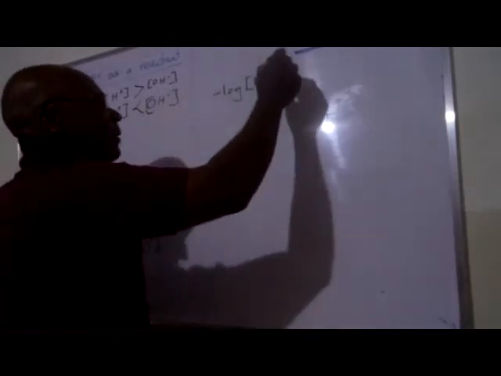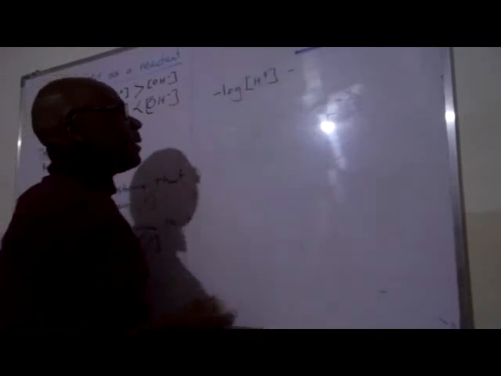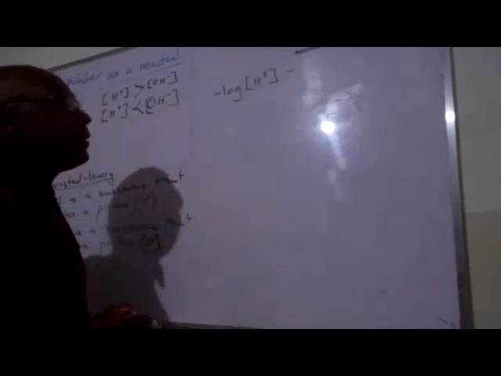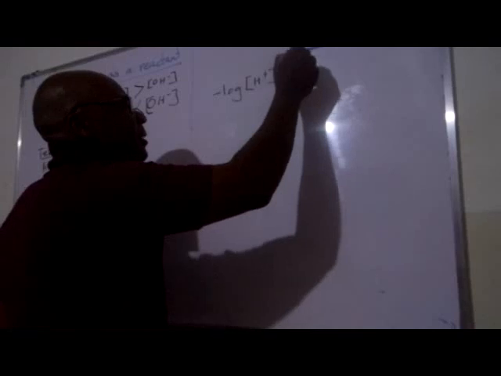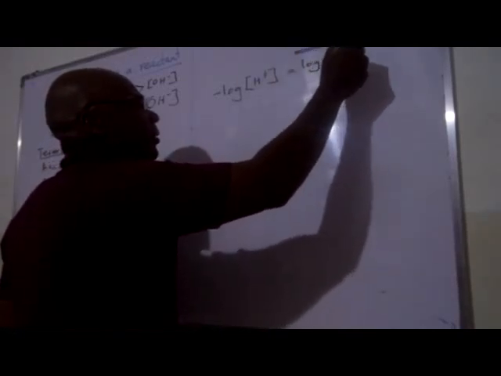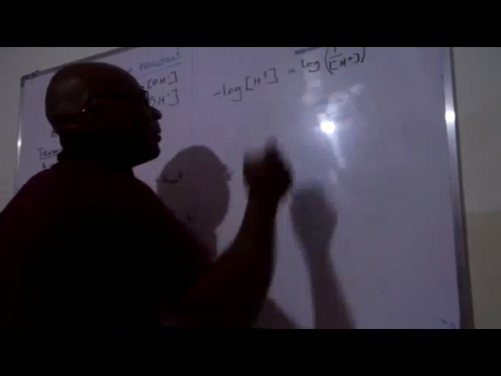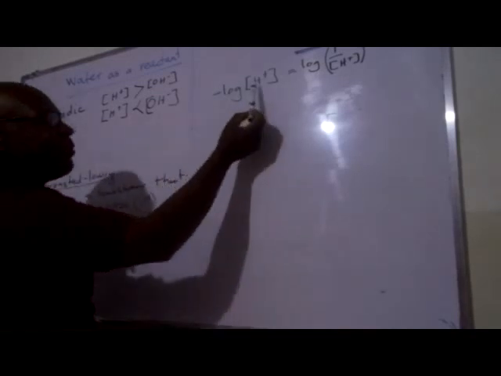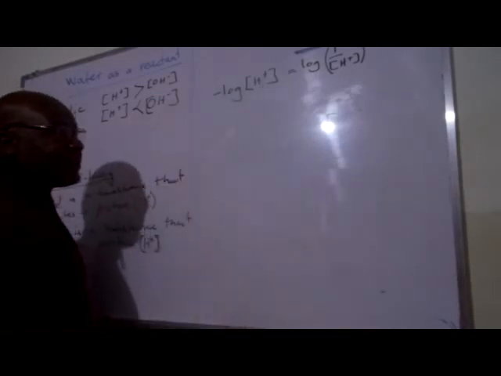Minus log is the same as the log of 1 over hydrogen concentration. So we are just introducing minus log in front of hydrogen ions.